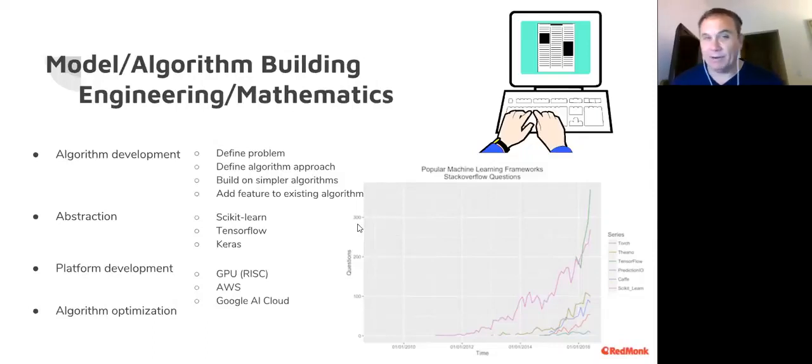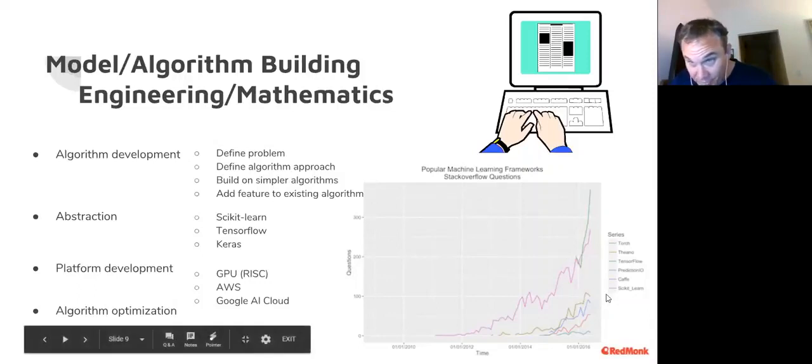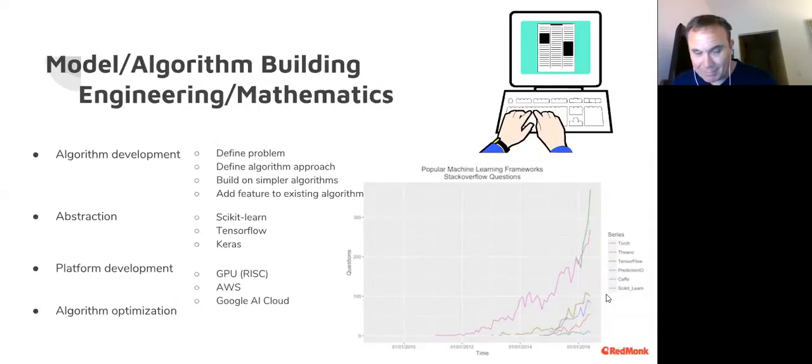Keras is even a higher abstraction. You're not even involved with the math. It's super simple. We will go through all of these as we get further in a couple of weeks, because on a day-to-day basis, that's how you're going to be applying your models, through these different abstractions. As you can see, there are more than just those three. I don't know if they're the most popular, but they are definitely becoming popular.